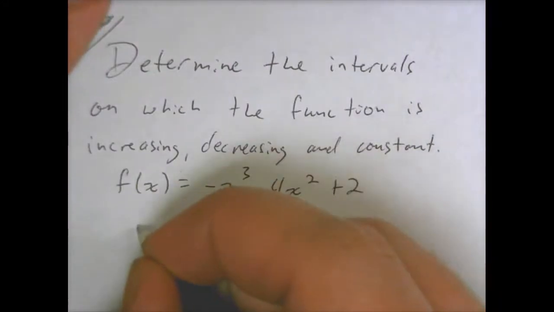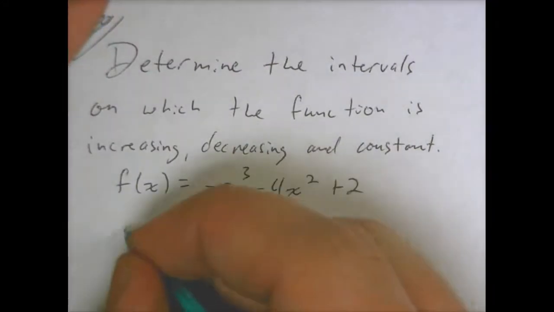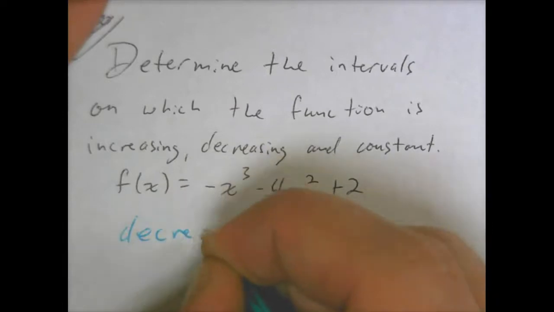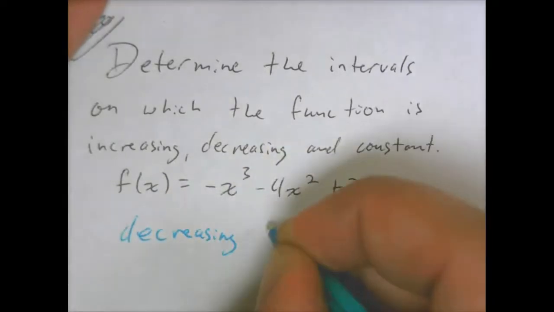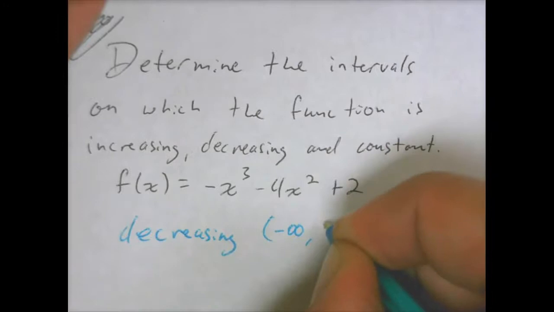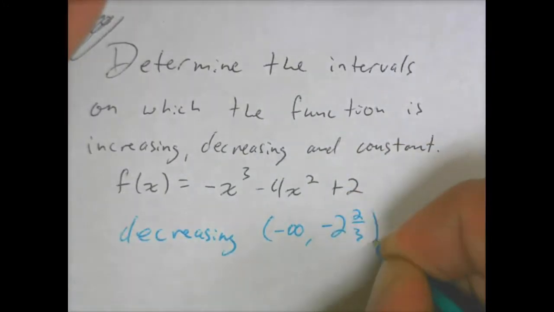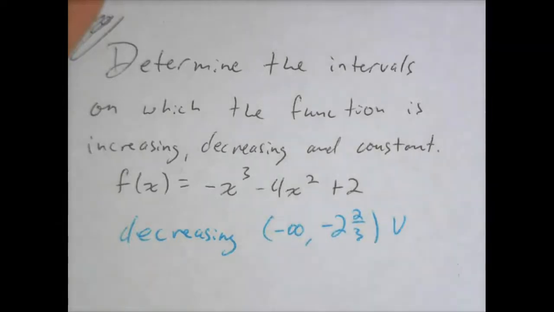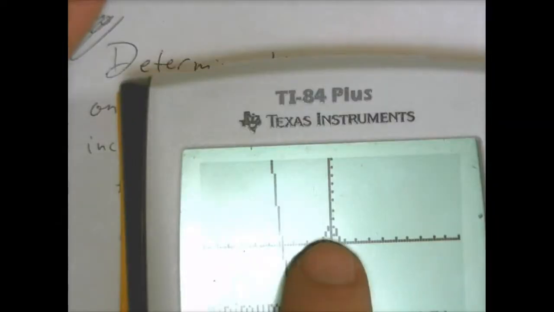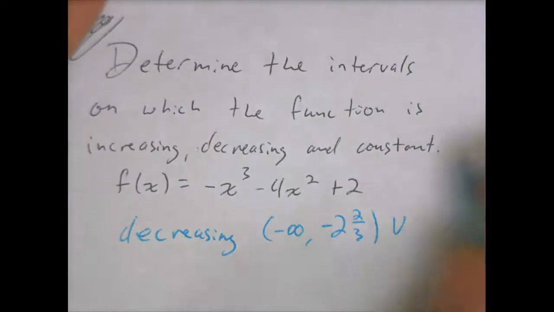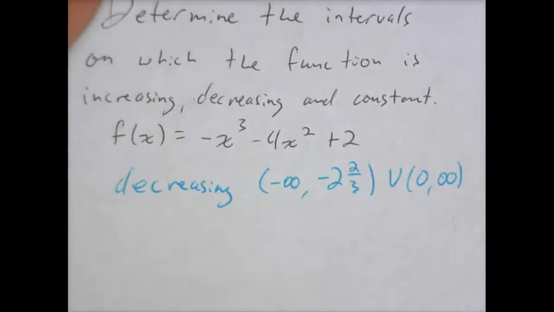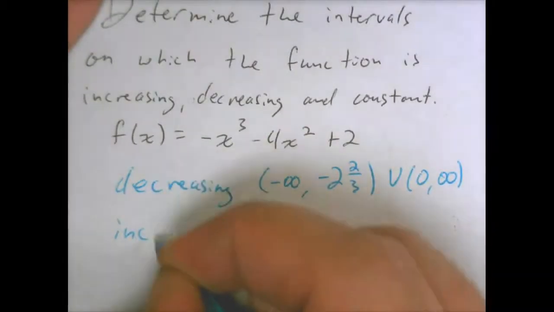So decreasing from negative infinity to negative 2 2/3, and from 0 to infinity is also decreasing, and then between 0 and negative 2 2/3 my function is increasing.